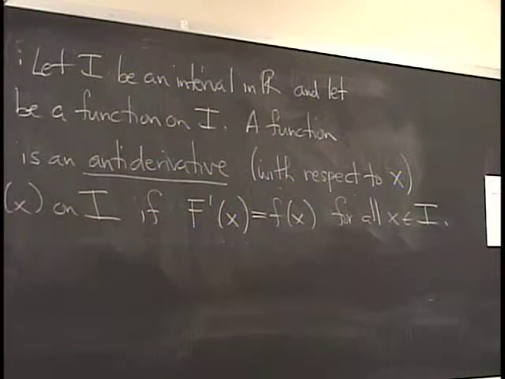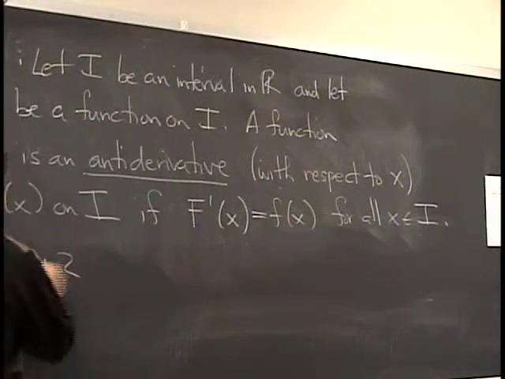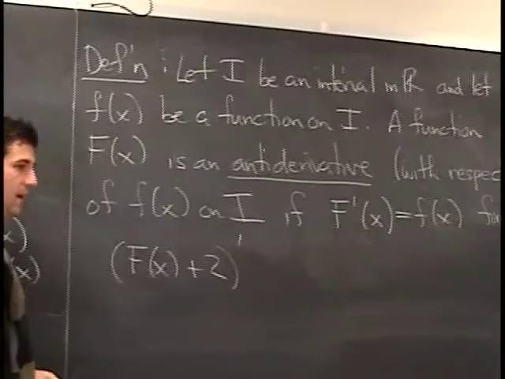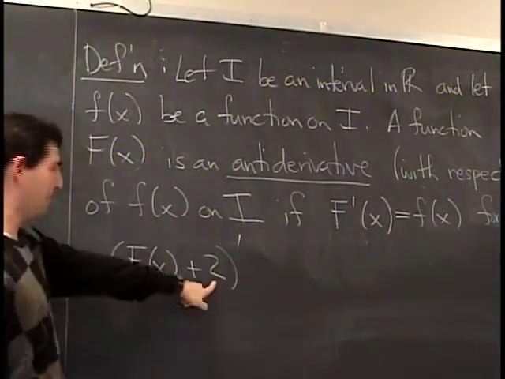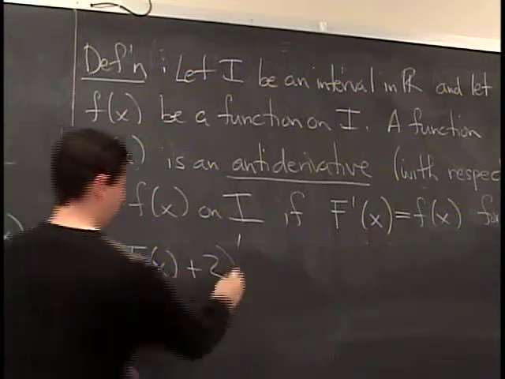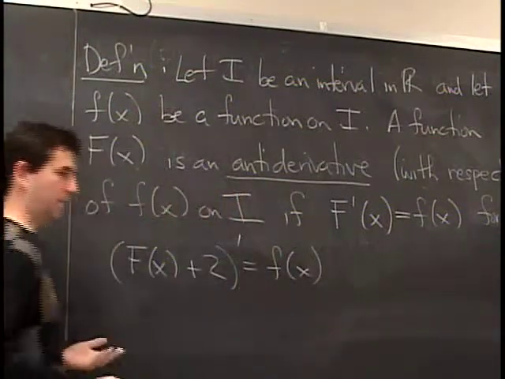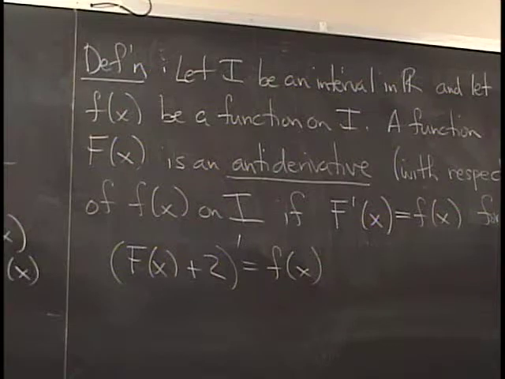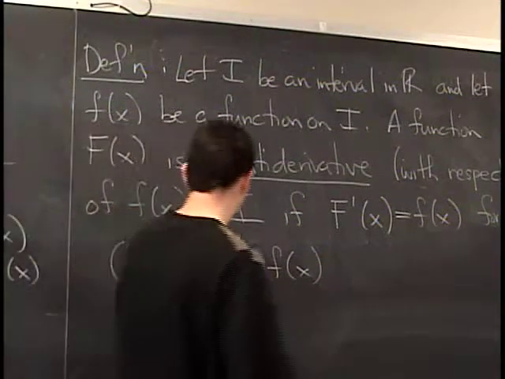So if capital F is an antiderivative of my function, can you find me another antiderivative? How about F of x plus 2? If I take the derivative, what do I get? Well, derivative of 2 is 0, so it's like it wasn't even here. I get f of x. And of course, there's nothing special about 2 other than that it's some real number. You can put any constant.